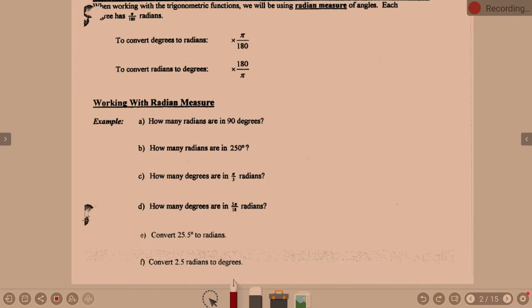So 360 degrees is an entire circle, or half the circle is 180 degrees. Well, the entire circle is also 2 pi radians. If you start, 0 is at 3 o'clock. And where it says 2 pi, that is also 0.